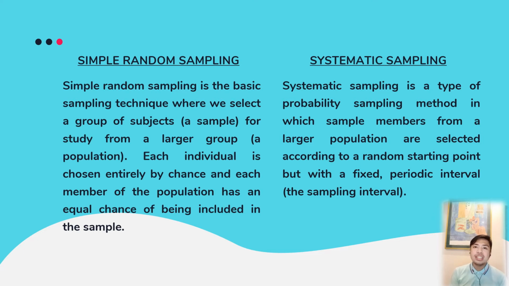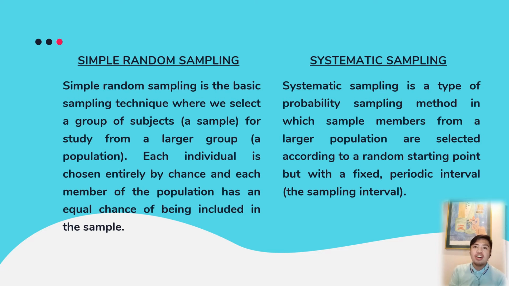Okay, when we say simple random sampling, it is the basic sampling technique wherein all the members of the population have the equal chance or opportunity to be selected as your respondents. Okay, so it depends entirely by chance. So for example, draw lots.